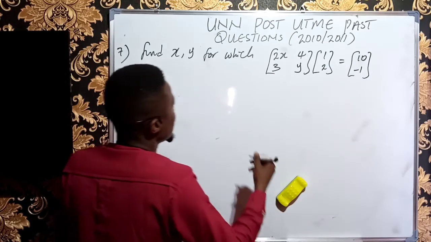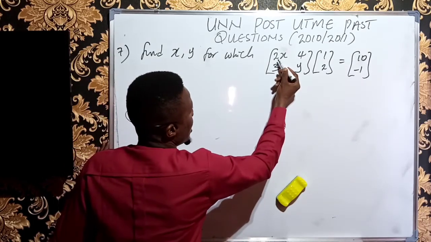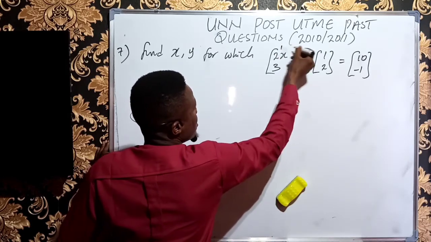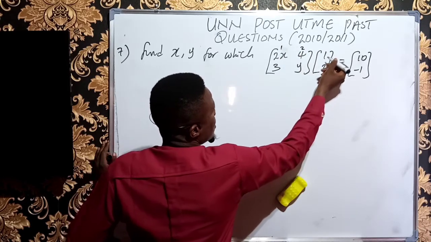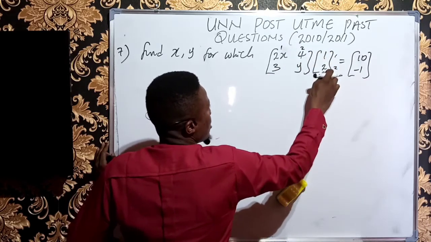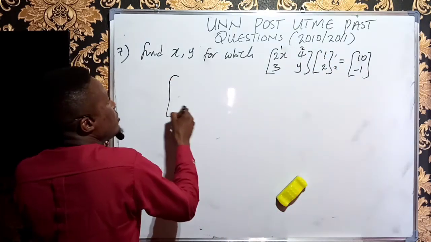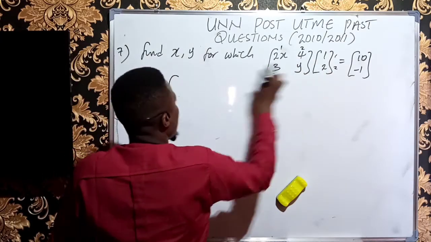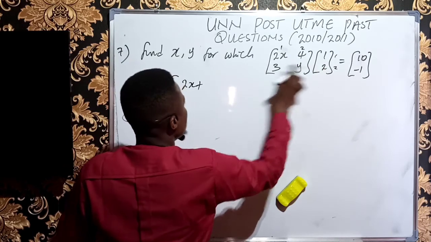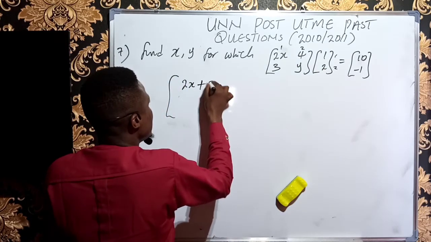So to do that, to multiply the matrices together, the rows will multiply the columns. So this is first, this is second, and this is regarded as the first, and this is second. So first will times first and second will times second. That's the idea. So this will give us 2x times 1, we'll have 2x plus 4 times 2, we shall have 8.